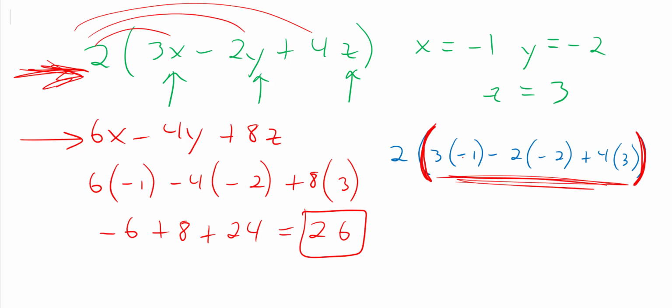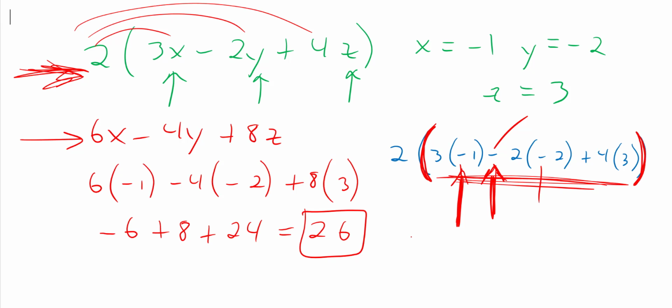Just remember, when you're doing these negatives here, you hit that negative button by the bottom of the calculator, and this one right here is subtraction, so it's minus 2. Okay, that's important, because if you use the subtraction button for the negative, or the negative button for the subtraction, it's going to give you an error.